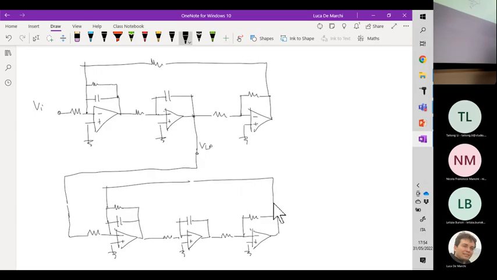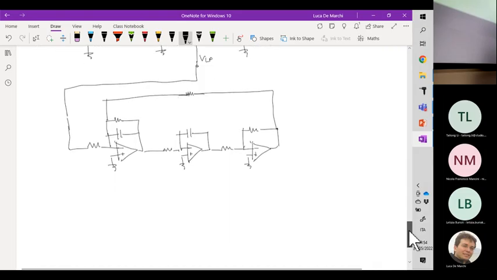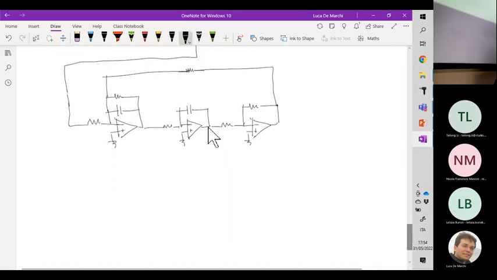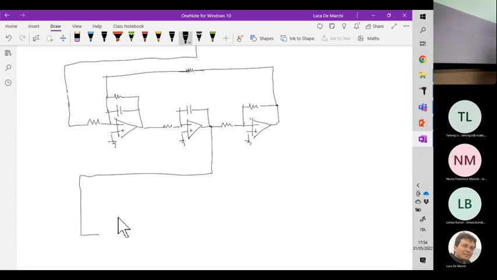And this is the feedback loop with an additional resistor here. Okay. One more tau-Thomas. Too fast? It's okay?